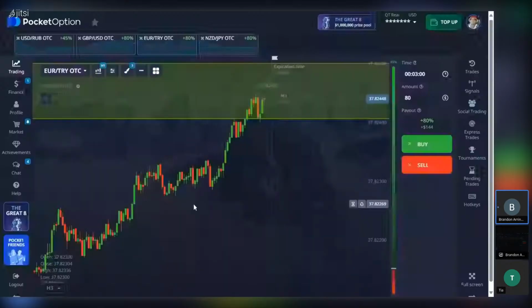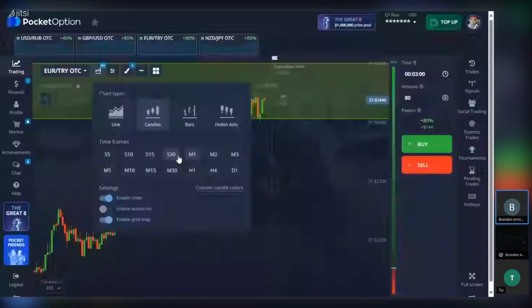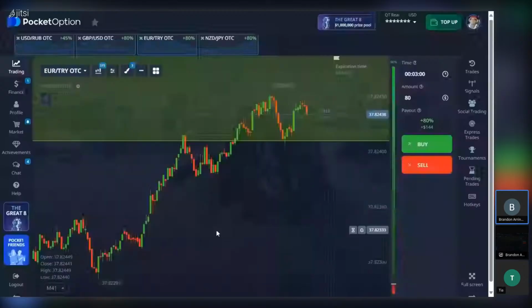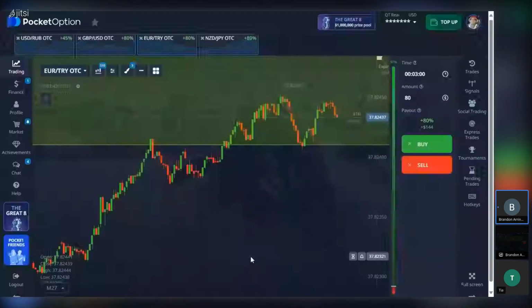I'm sitting on my hands, waiting for this reversal, and alternating through my time frames: 30 seconds, 15 seconds, 10 seconds, 5 seconds. I'm trying to find it. Now I'm just waiting for this accumulation to get done. I know where I'm at. You see what I'm saying?